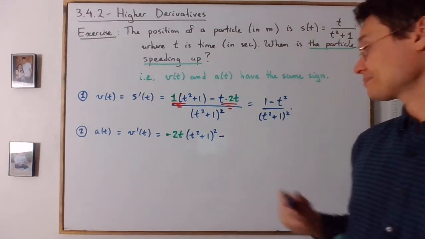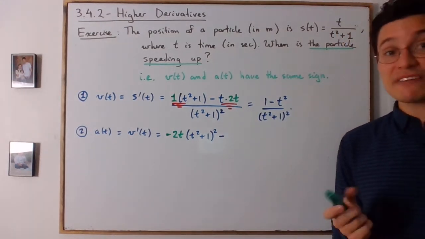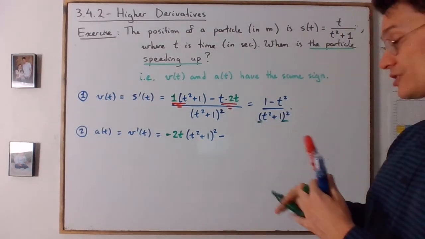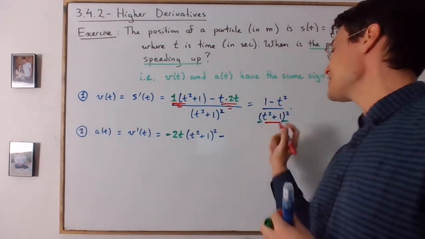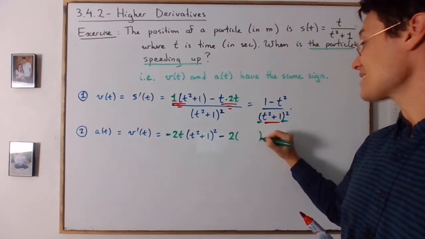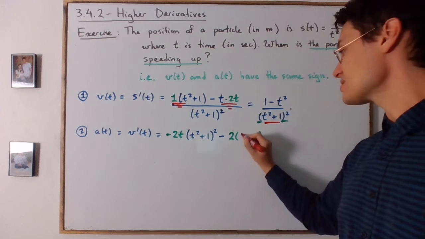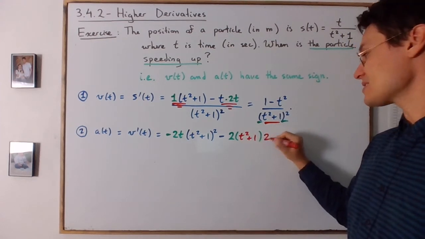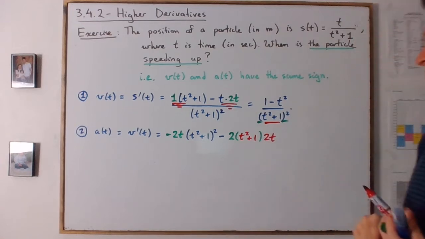Now, minus the derivative of the bottom, which is an outside-inside rule, so a chain rule in other words. Be careful about that. You're going to have twice the inside, so t squared plus 1, times the derivative of the inside, which is 2t.